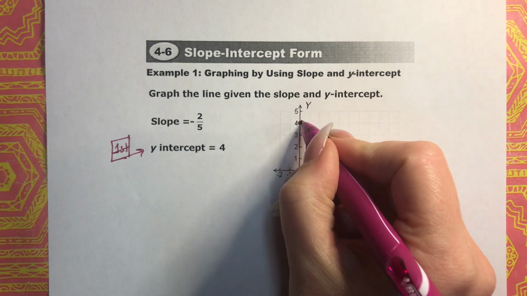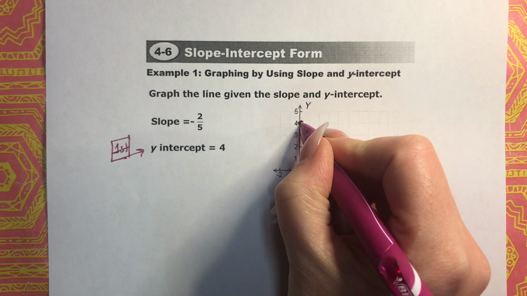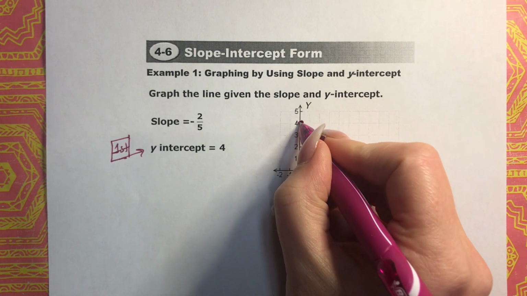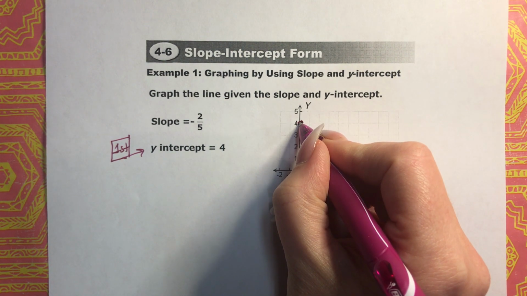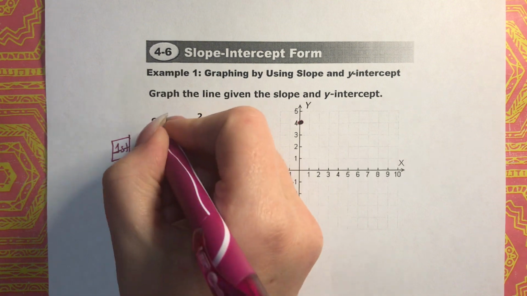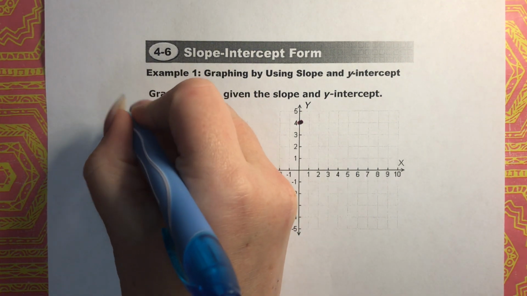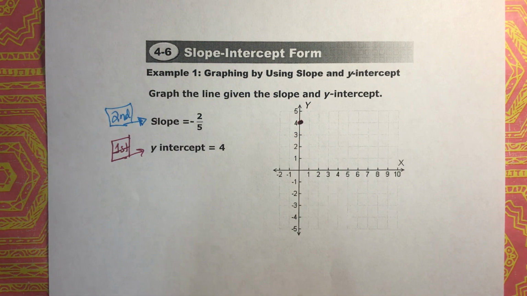Now from this point, it's almost like your pen is stuck in mud or goop, and it can't be released until you graph the slope from this y-intercept point, okay? So once you graph that y-intercept point, your pen is stuck in mud. Okay, so the second thing that you graph is the slope from the y-intercept.